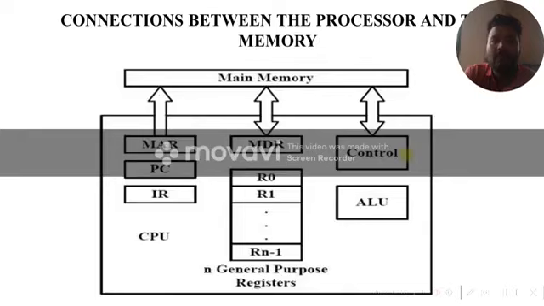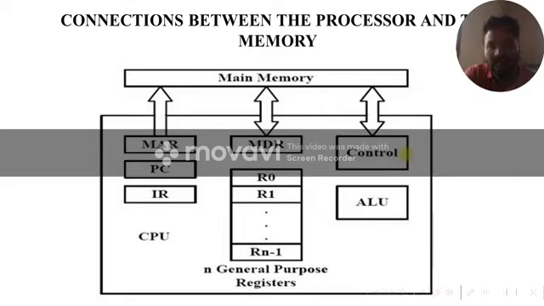Consider this particular diagram. It is a connection between the processor and the memory. It shows how the processor, that is the central processing unit, is correlating with the memory unit. This is the main diagram behind the computational task. It specifies different kinds of registers and different kinds of memories.